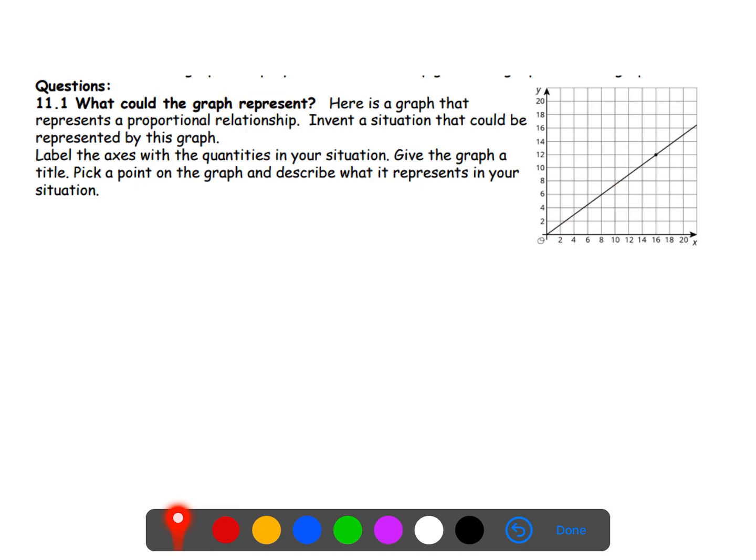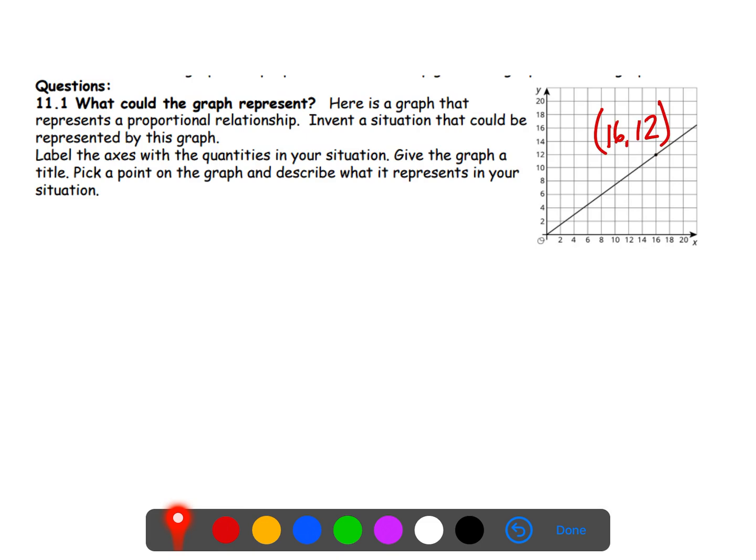But now what we're going to do, since there are no labels on each axis, there's no title, there's no other information given except for this line, and I can see one point filled in, and that point is at 16 on the x-axis, 12 on the y-axis. So I need to use that point to kind of describe my situation.